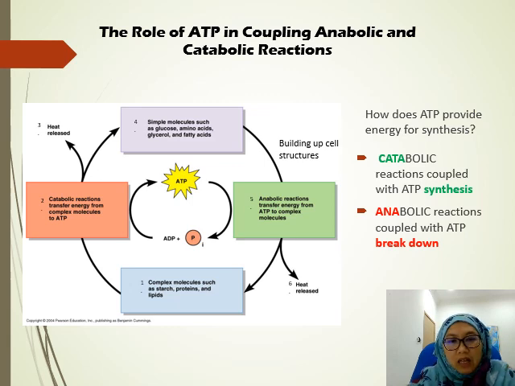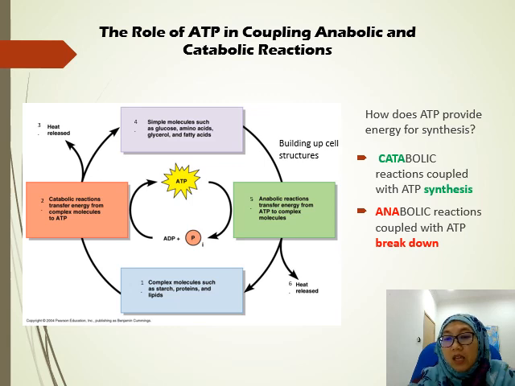First, complex molecules such as starch, proteins, and lipids will go through catabolic reactions. During these catabolic reactions, energy is transferred from the complex molecule to ATP.